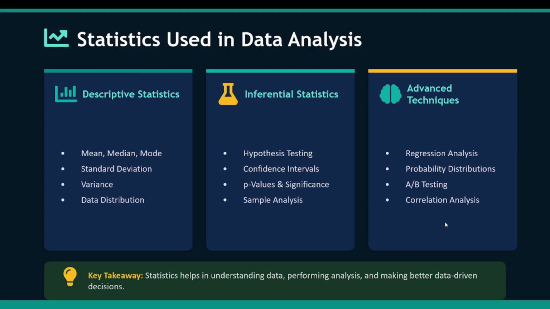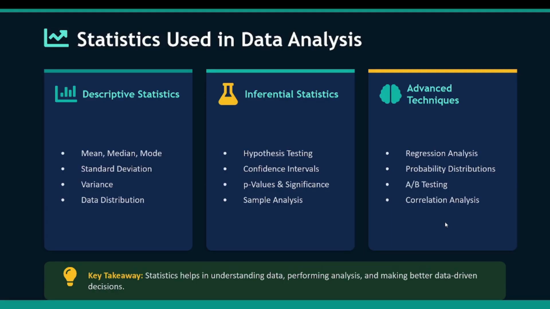Understanding data distribution, whether the data is normally distributed, skewed, or follows some other pattern, is also a critical first step before applying any machine learning model. Descriptive statistics essentially gives you the big picture summary of your data.